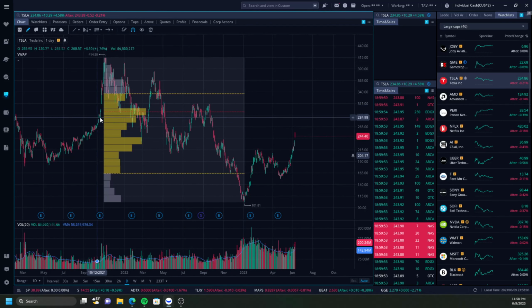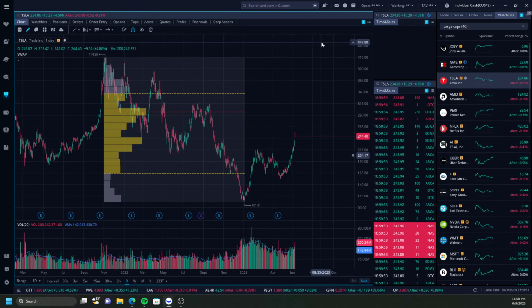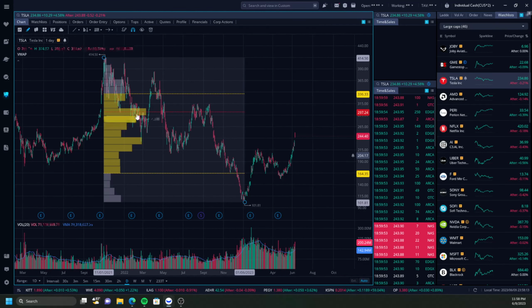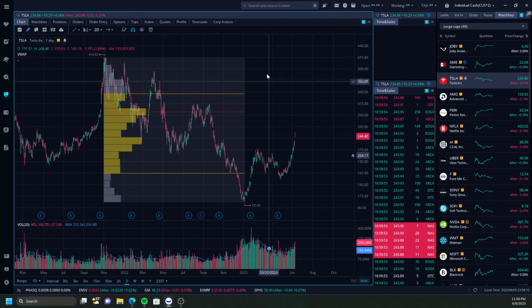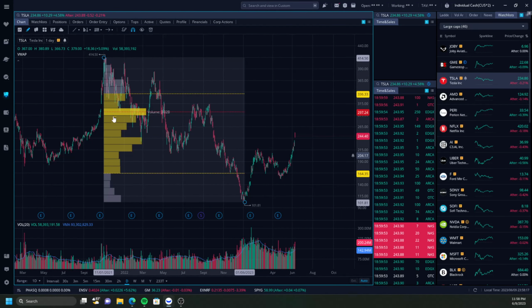This red line is going to be the highest volume price. It's the price that tells you exactly where the highs are. And if I hover over it, it tells us the exact price from where we specified the range that we put. The exact price is $297.24.